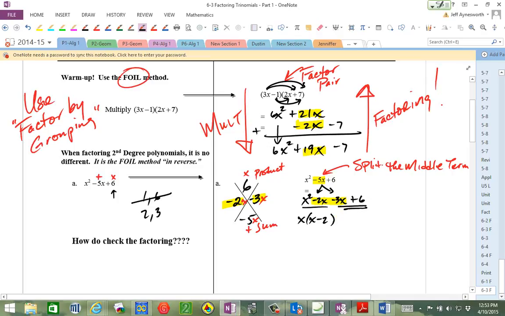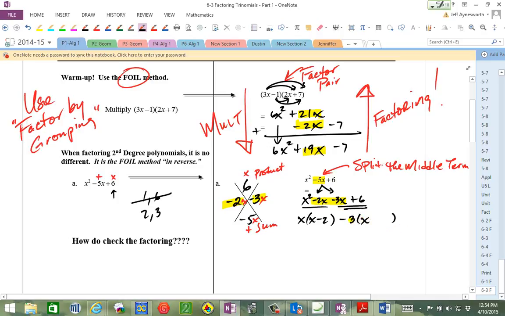Now look carefully here, this 3x is being subtracted, so it's negative. So instead of distributing out a 3, I'm going to distribute out a negative 3. And that's what I taught you about in previous lessons, that whenever you see that leading term negative, distribute out the negative. That's why we practice it so much, because we're going to use it right now. Now I know that negative 3 times x is negative 3x.